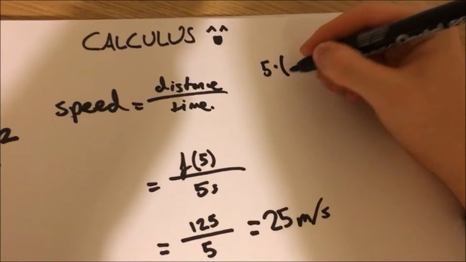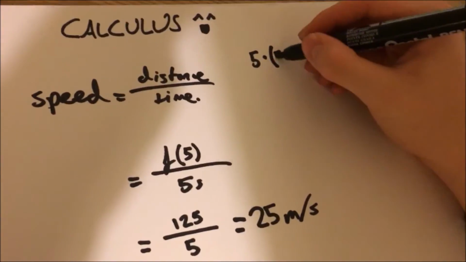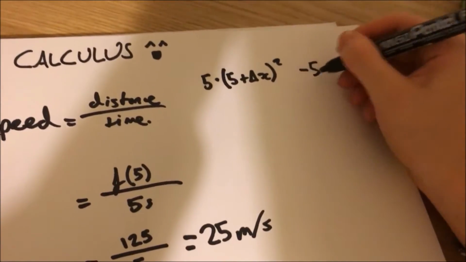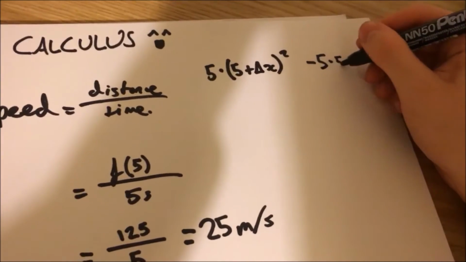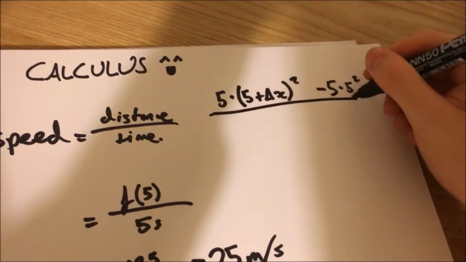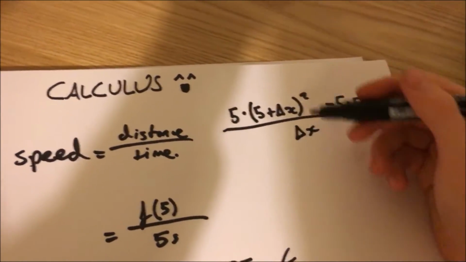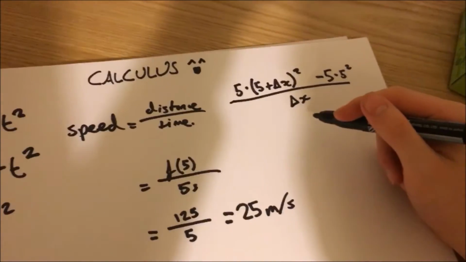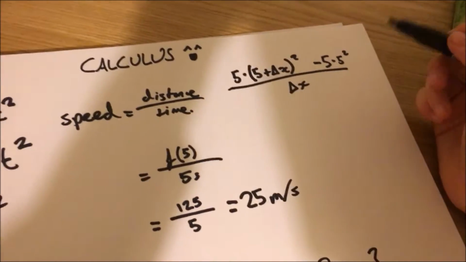So now we've got 5 times 5 plus delta x squared, subtract 5 times 5 squared, over delta x. And I'm just going to expand these quickly. If you want to know how I expand these, I'm going to put a little annotation on the screen right here to our video on binomial expansion.